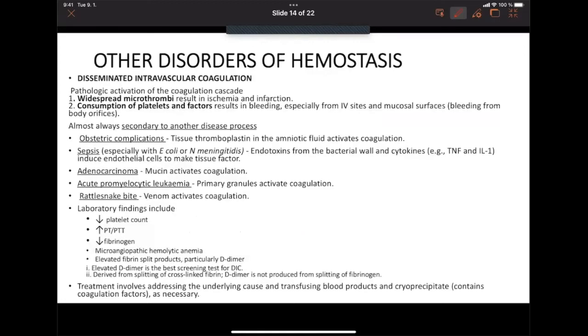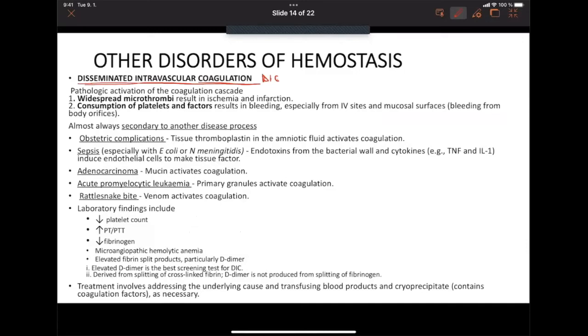So the next is disseminated intravascular coagulation. This is so important. This is something you see come up very often. So just remember it, DIC. This is pathologic activation of the coagulation cascade. So in this case, there's widespread microthrombi formation that can result in ischemia and infarctions.